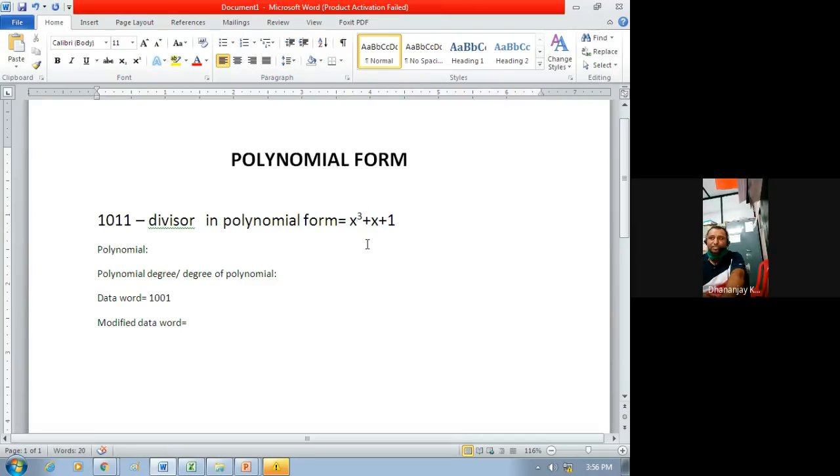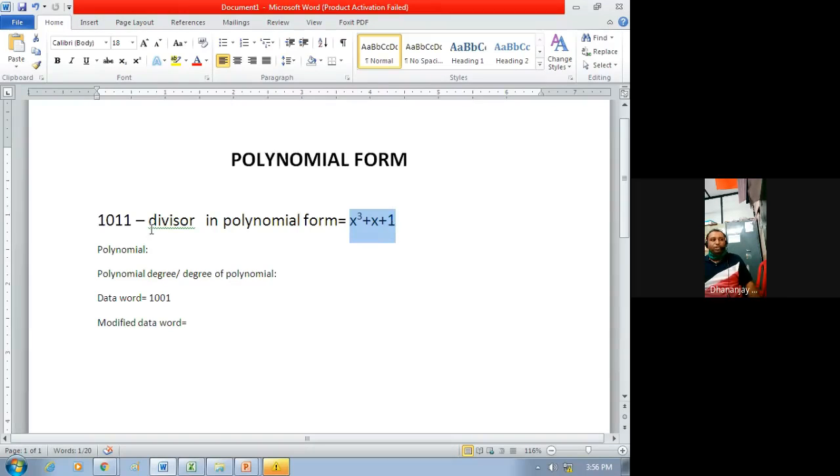Now see this. Now don't go for counting the divisor value. Here don't go for the number of bits of a divisor, because in examination they ask two kinds of questions. Question number 1, in which they will give you the binary value of the divisor, and in second form they will give you the polynomial form of the divisor only.